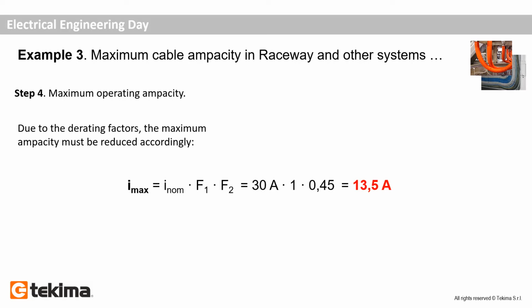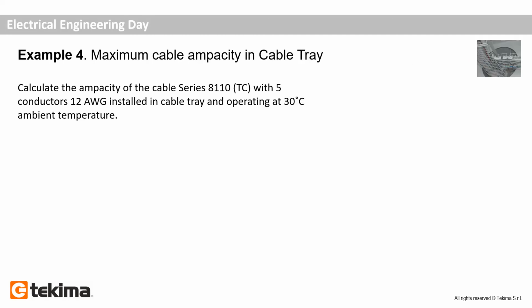The result will be 13.5 amperes, which is the maximum operating ampacity of the 6 tri-cables installed in the raceway. With example 4, we will see what is the maximum ampacity of the 6 tri-cables installed not in the raceway, but now installed in the cable tray.